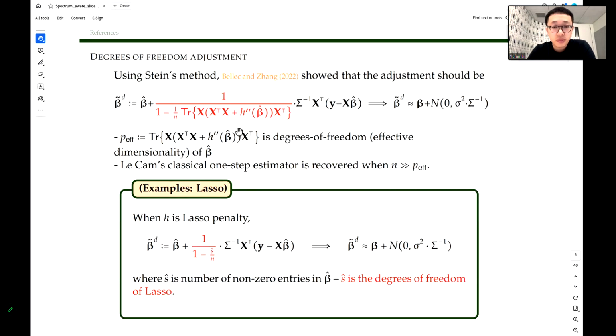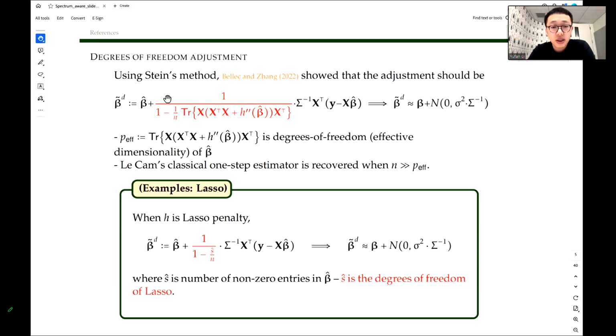So the state-of-the-art method is what's so-called degrees of freedom adjustment. Basically, the adjustment coefficient is this. In the denominator, you just have one minus this traced object, which is actually the degrees of freedom of the regularized estimator.